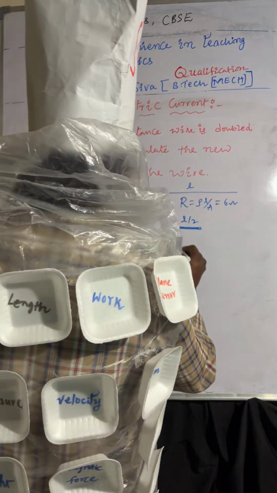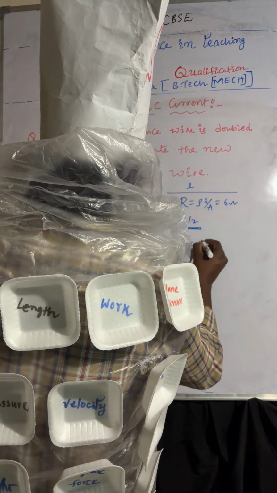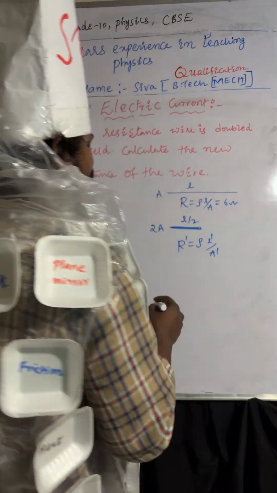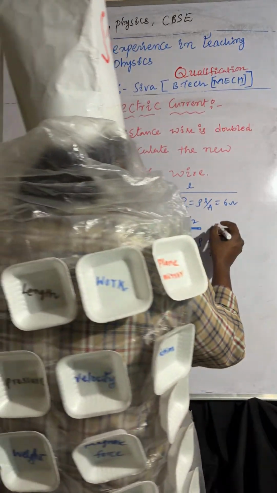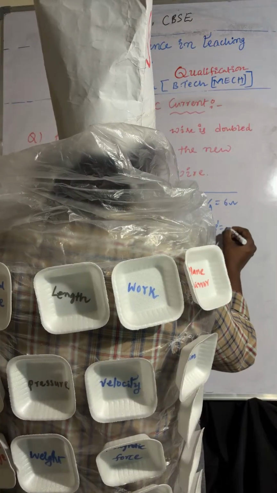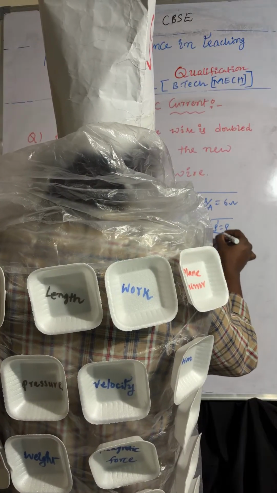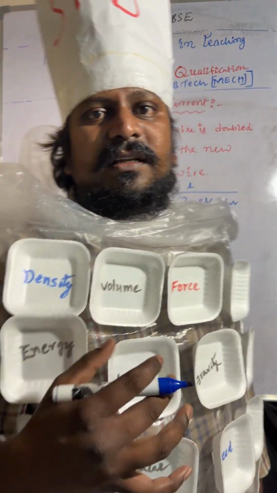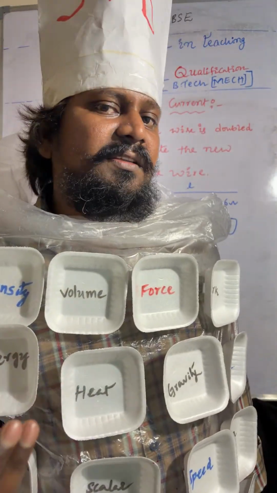So we have to find R dash, which is rho dash L dash by A dash. Sir, why are you not taking rho dash? Rho will not change because the metal is not changing. If the metal changes, then rho may change.